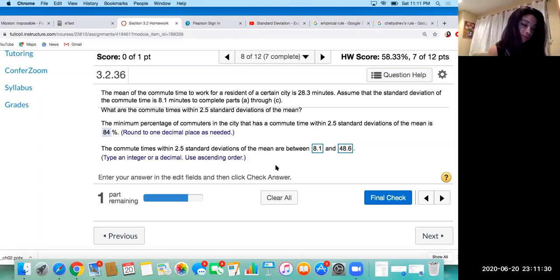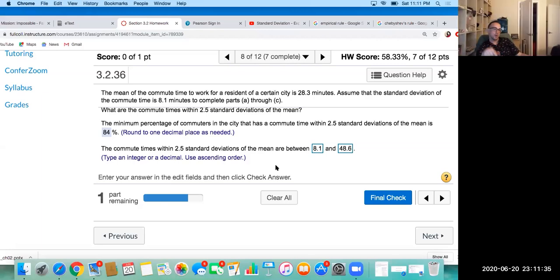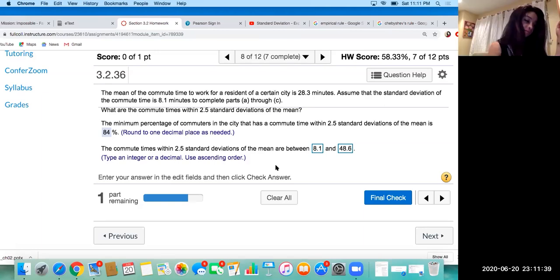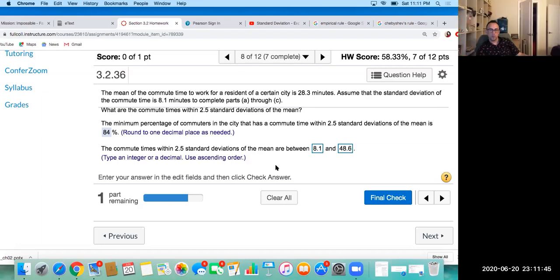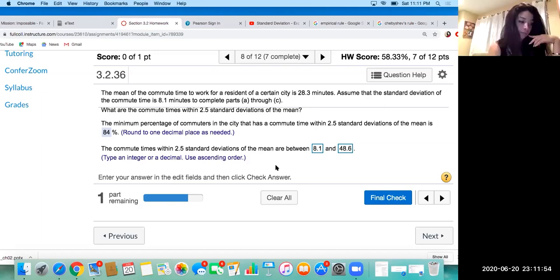What was 2.5 times 8.1 again? 2.5 times 8.1 is 20.25. So then do 28.3 minus 20.25? Yes, and that's 8.05.